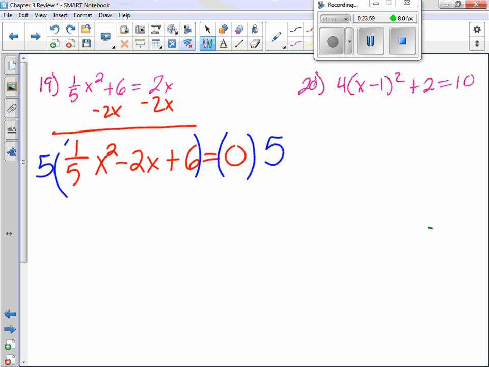And what you can do is multiply it by a scalar. Looking at this here, what is 5 times 1/5? 1, because they simplify out, don't they? So I'm left with x squared. 5 times negative 2 would be negative 10x. 5 times 6 is plus 30.